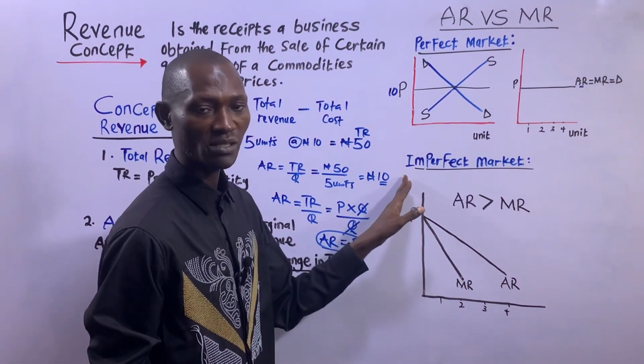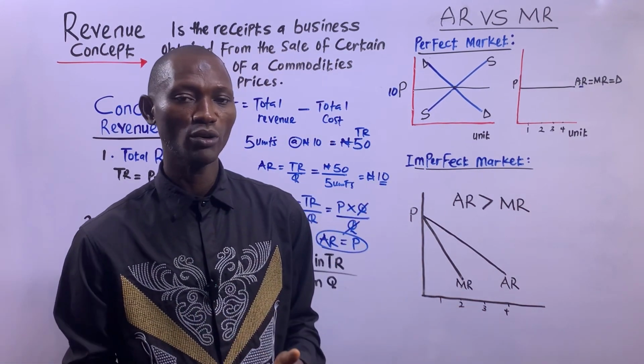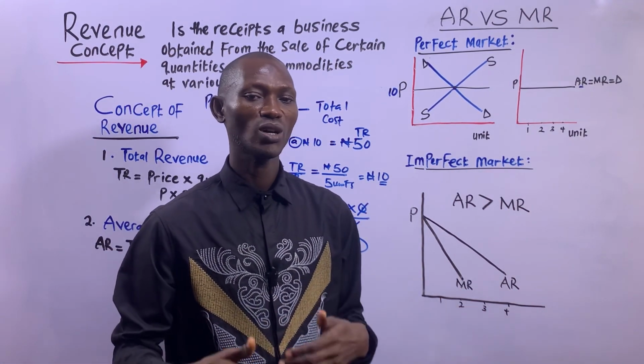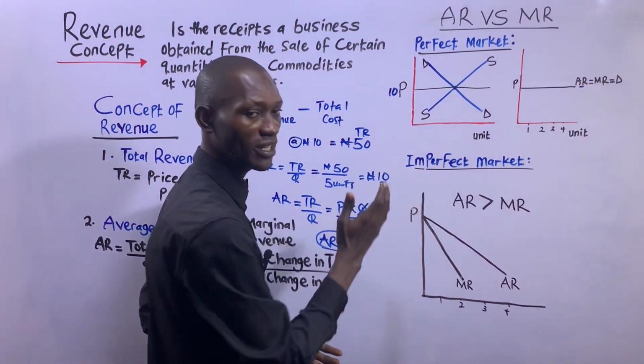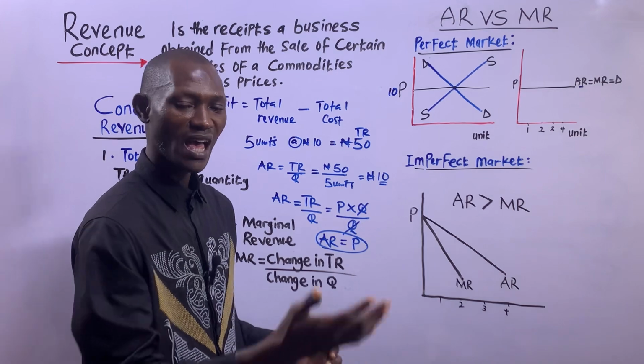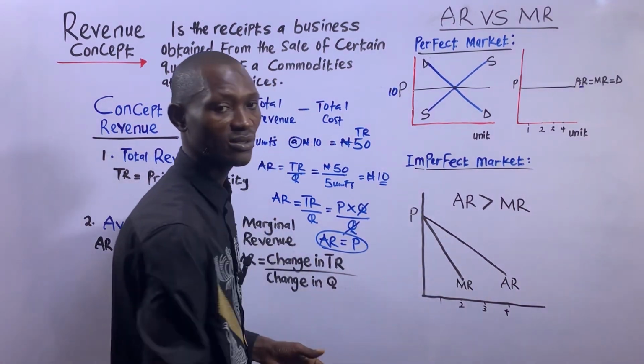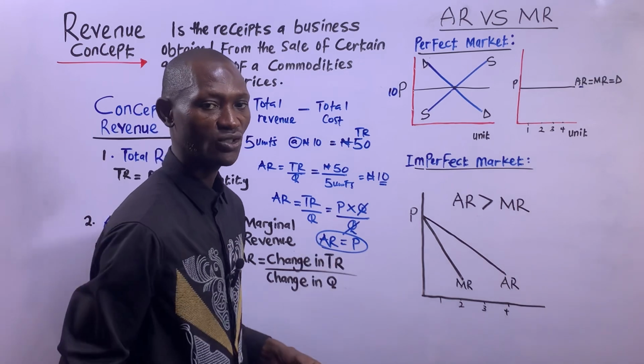But in an imperfect market, which could be a monopolist, oligopoly, or monopolistic competition, they are not the same. Average revenue lies above the marginal revenue, or the marginal revenue lies below the average revenue.